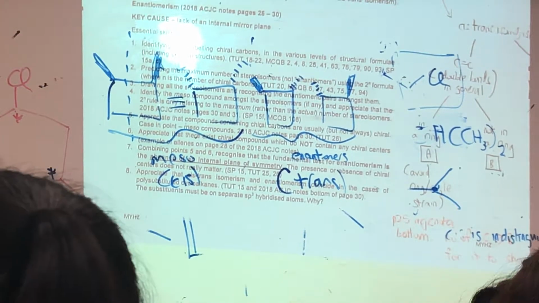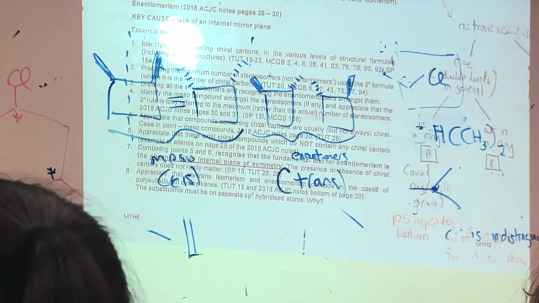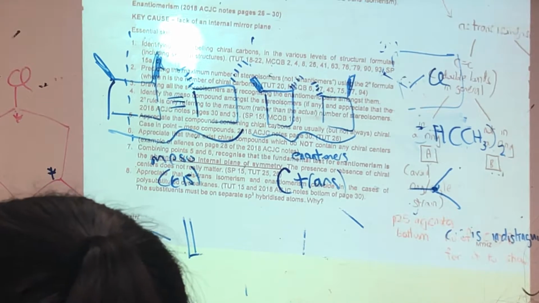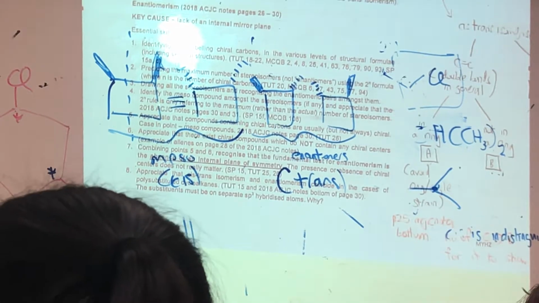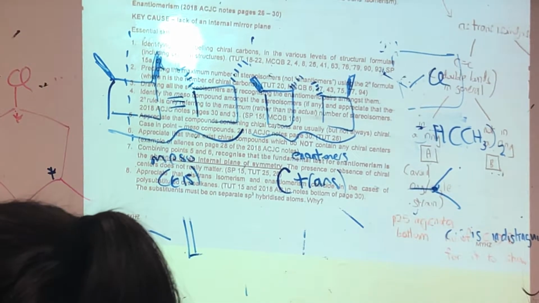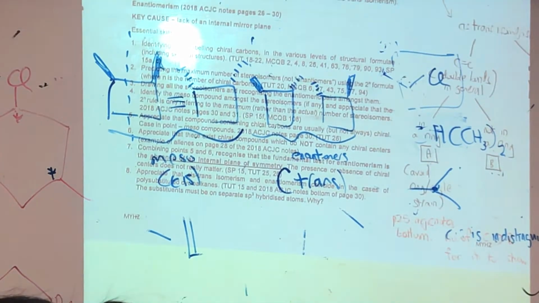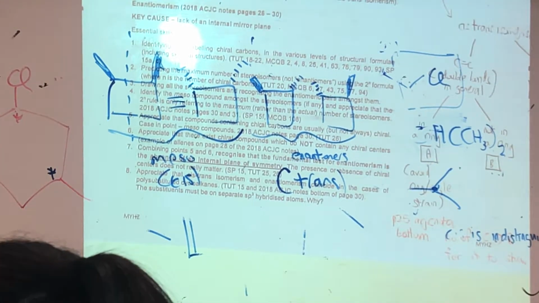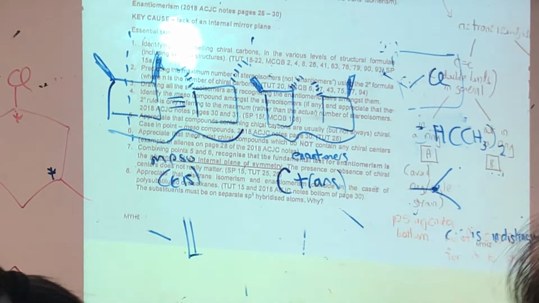Know how to identify what carbons are chiral, and be aware that while you may have chiral carbons, the entire molecule might have an internal mirror plane. Its mirror image will end up the same as itself. We call this a meso compound. Clear? So the recurring idea that goes over and over again is, if I say that something is chiral, it just means that it doesn't have any internal mirror plane. What's the implication? The mirror image will not be the same as itself.